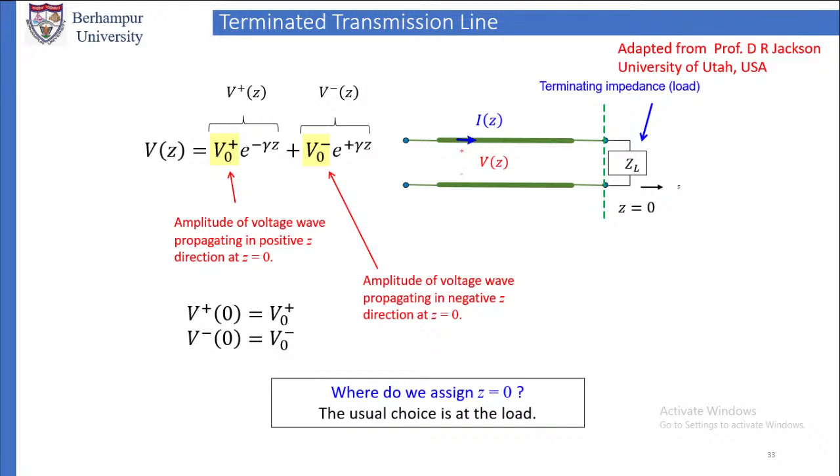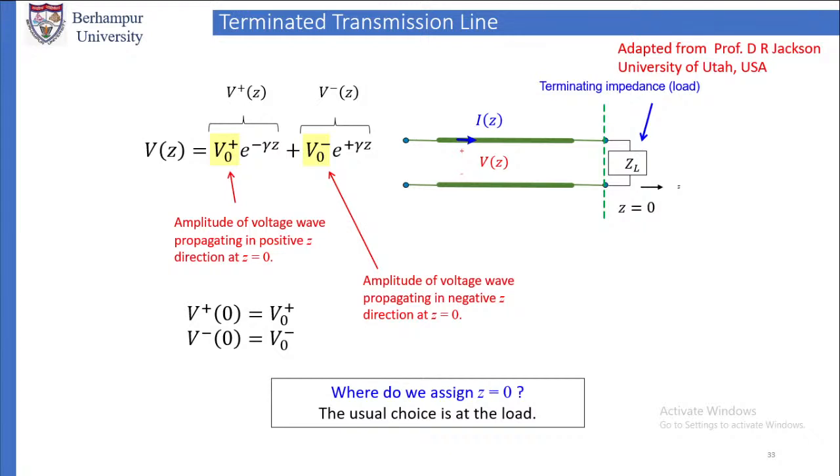So the terminating impedance, or the load impedance, is ZL. Now consider that ZL occurs at small z is equal to 0. Small z equal to 0 means we take the reference point at the right end of the transmission line. From that point we will look towards the left end.